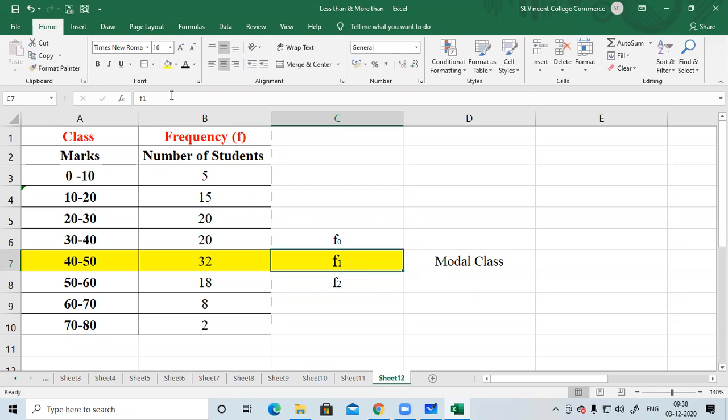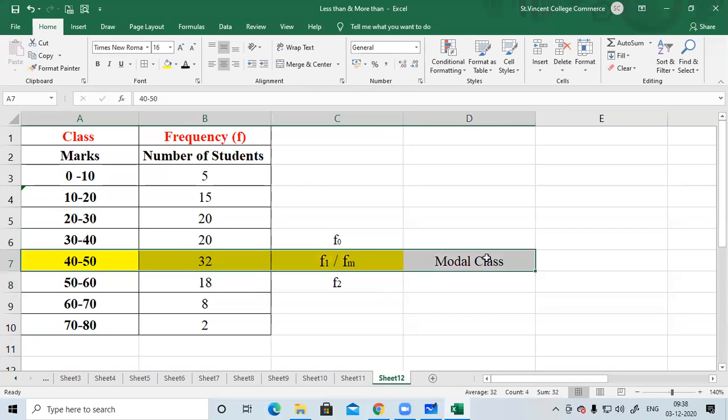This frequency can alternatively be written as Fm, where M stands for frequency of modal class. But why do we take it as F1? It's very easy to trace. If 1 is here, 2 will be after 1 and 0 will be before 1. So how to identify the modal class? The class with the highest frequency becomes your modal class. Is this understood by all of you?